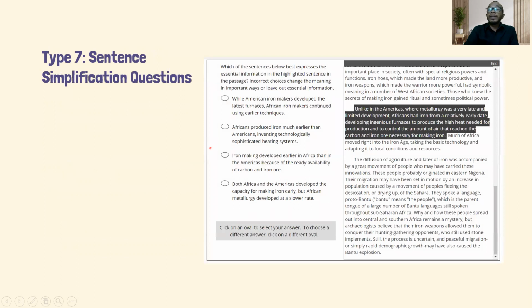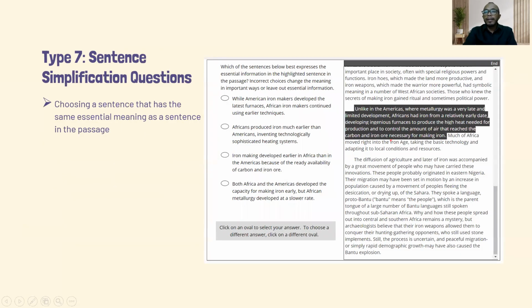So, all right, the seventh type, the sentence simplification questions. This question will ask you to choose from the options the best sentence that can restate the idea in the highlighted part in the passage. All right.